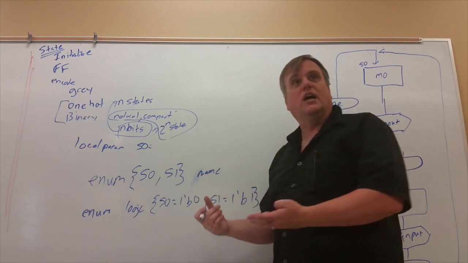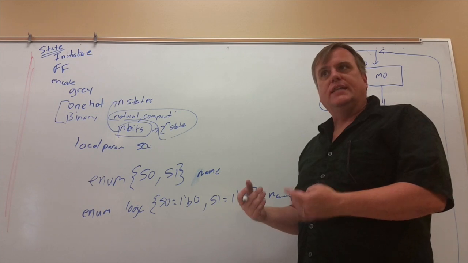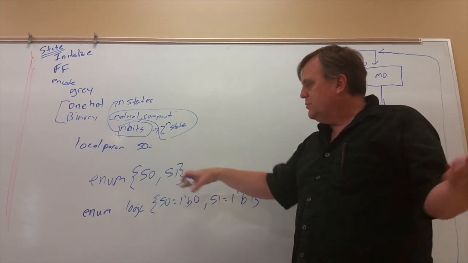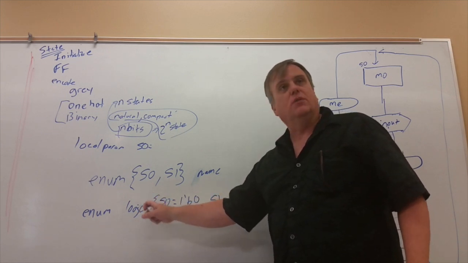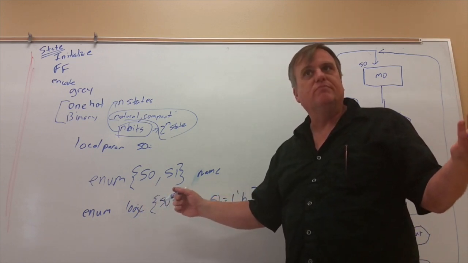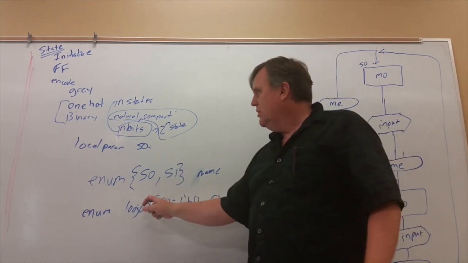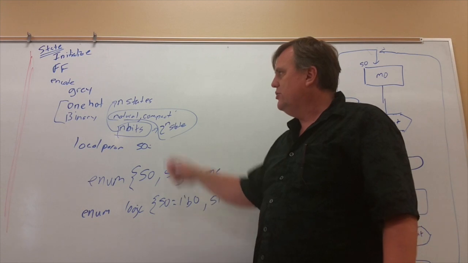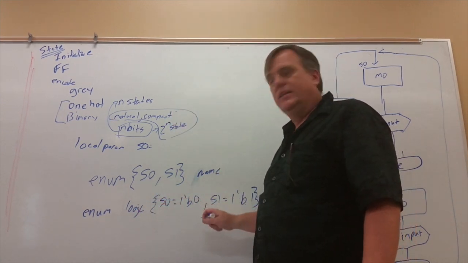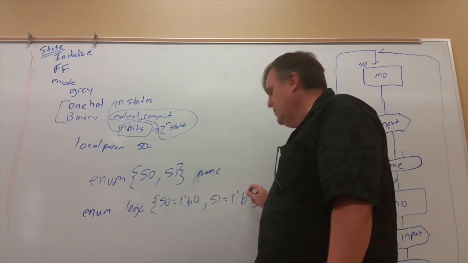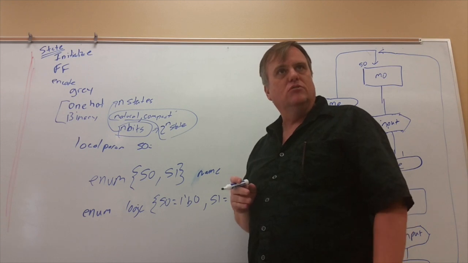So I could also do this type of situation. Enum allows me to access an enumerated type. If you specify logic, I can also specify a certain number of bits. In this case, I only needed 1 bit, so I didn't give it anything else. But if I wanted to go the other way to do a one-hot, I would have done 1:0, and then I would have 0, 1, and 1, 0, and there would have been a 2 there. Make sense?